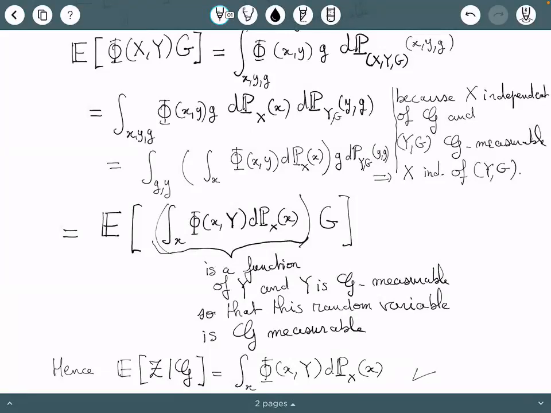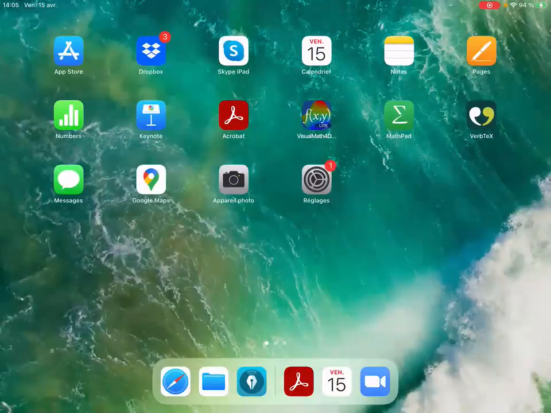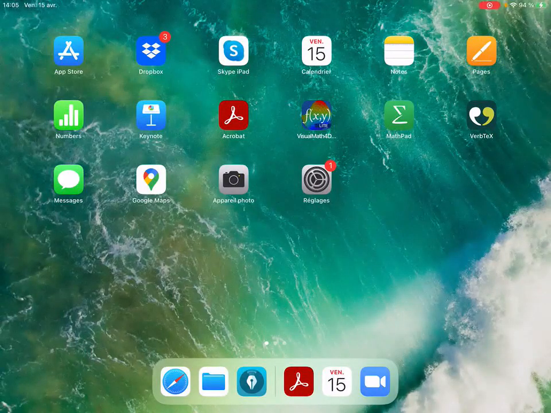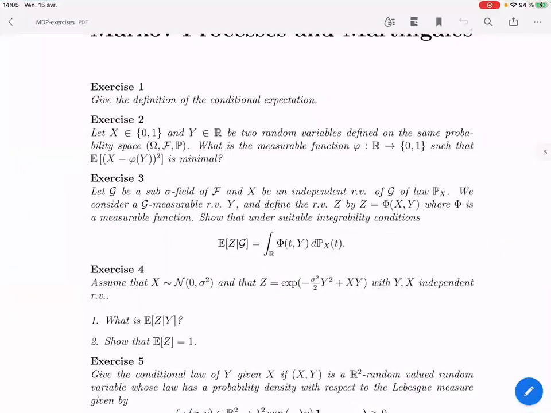Here it is valid for any random variable with discrete law or with continuous law with density with respect to the Lebesgue measure. It is a general formula. And so when you want to compute some conditional expectation, usually you have to come back to the definition. This is what we did here.